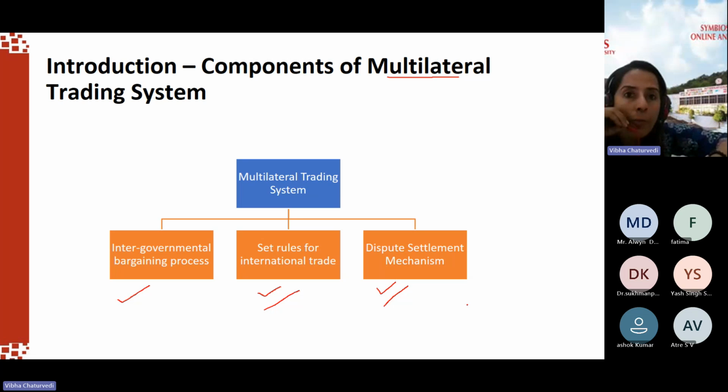For example, you have NAFTA, the North American Free Trade Area. The three countries that are signatories to NAFTA, which three countries are a part of NAFTA?